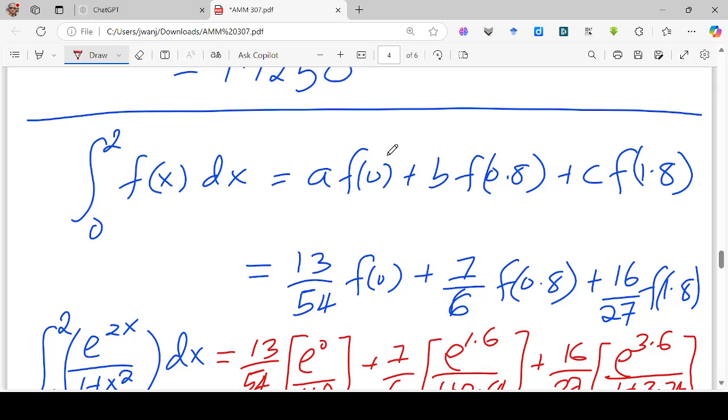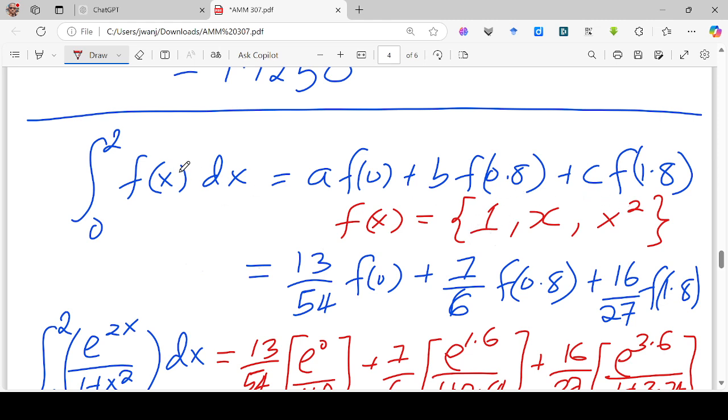First, we note that the method has 3 unknowns, so it can be made exact for a polynomial of up to degree 2, which is 1 less than the number of unknowns, so that we write f of x as 1, x, or x squared, up to degree 2.